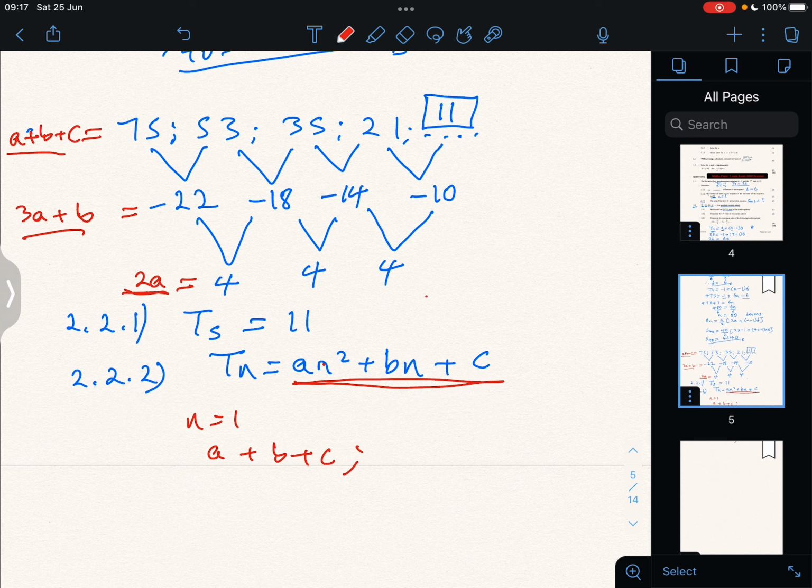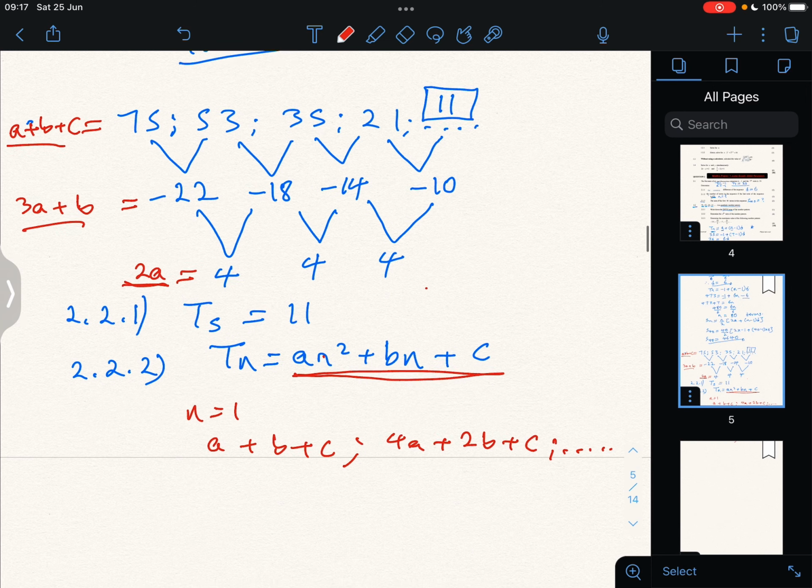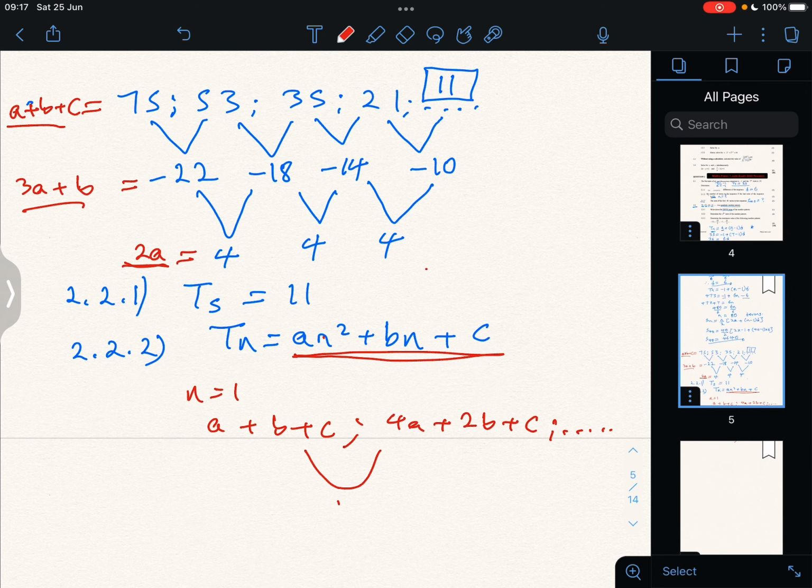The second term is 2 squared, which is 4a, plus 2b, plus c, and go up to n equals 3 and 4. And then from there, we do the differences. Here, you would find 3a plus 2b minus b, that's b, c minus c, that's 0. So that's where the 3a plus b comes from.